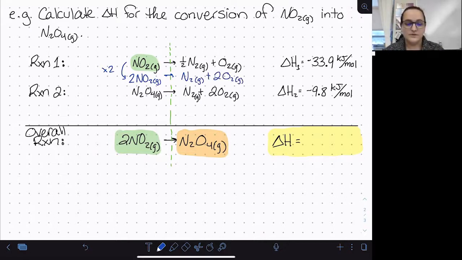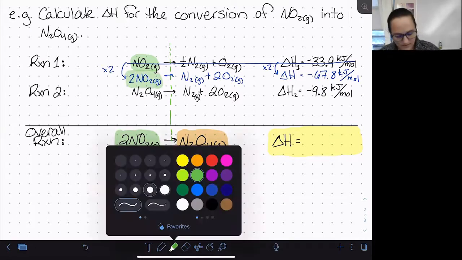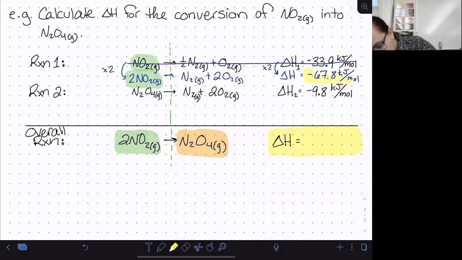And since we doubled the amount of material that's reacting, we will also need to double the delta H. So we're also going to need to multiply this by 2. So that's going to be negative 67.8 kilojoules per mole. This original version of the reaction is not going to be helpful to us anymore. The revised version gives us the 2 NO2 that we need, and this revised delta H is the one that we're going to use when we're adding things up at the end.